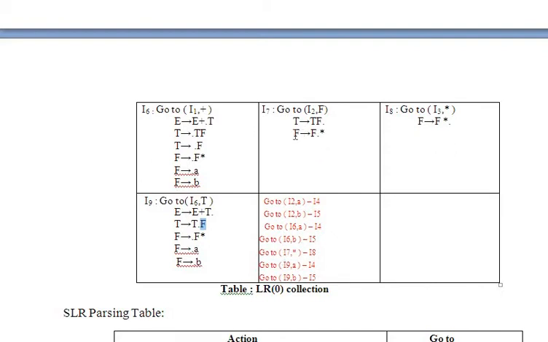So your production is F gives F star dot, which is already pointed to by I8. So I7 on star is I8.